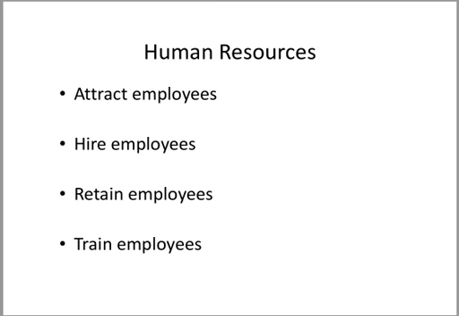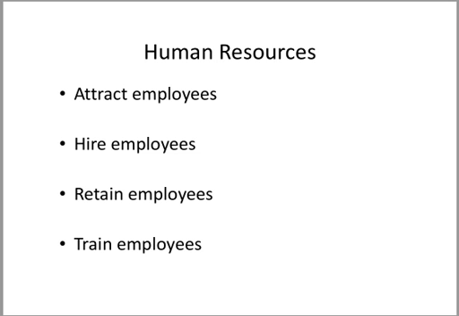Then comes human resources, the HR department, HR function, which is responsible for four things basically. First, to attract employees, right? So you need to do some kind of branding, supply side branding, right? Many companies you will see advertising in campus events and so on, just to attract employees, just to get that attention: this is a good employer to work for.